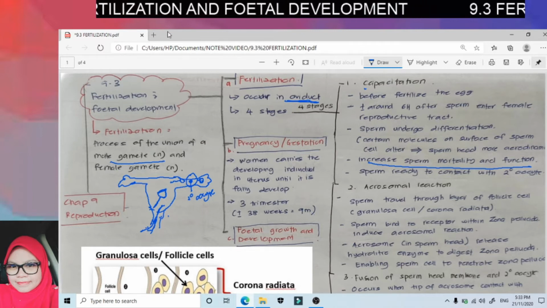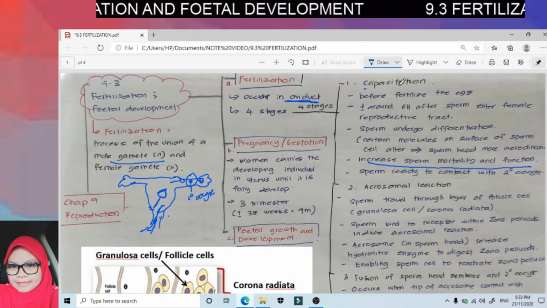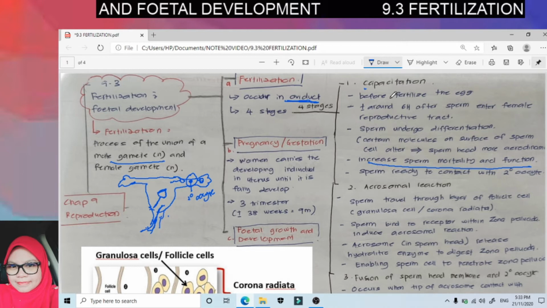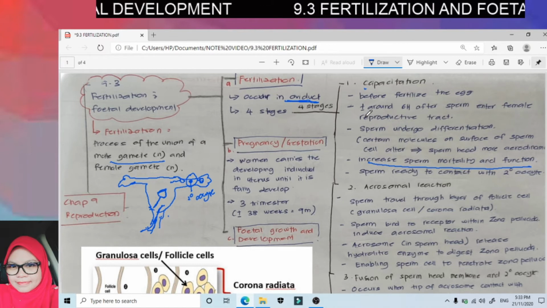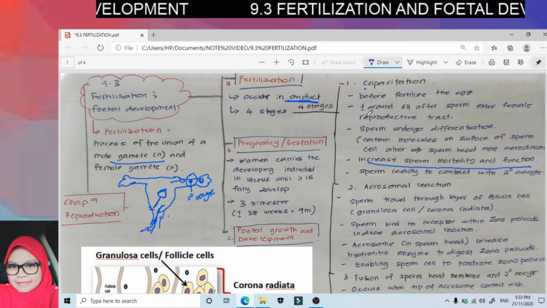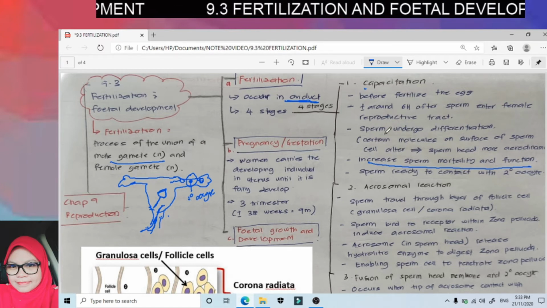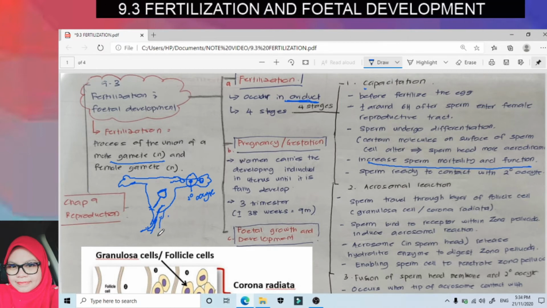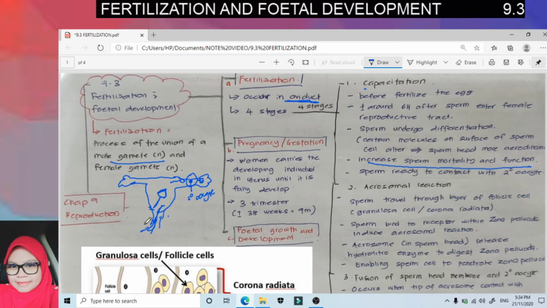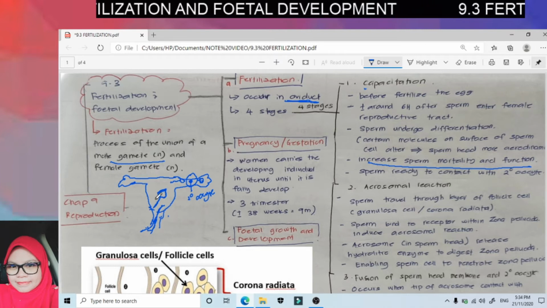Recall, capacitation occurs before fertilization, around plus minus 6 hours after the sperm enter the female reproductive tract. Once it enters the reproductive tract, capacitation begins.